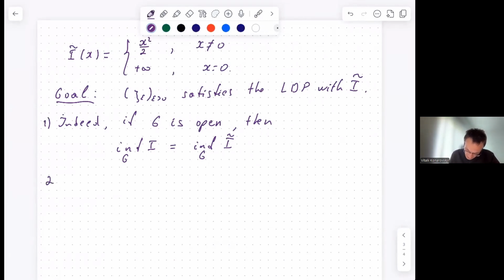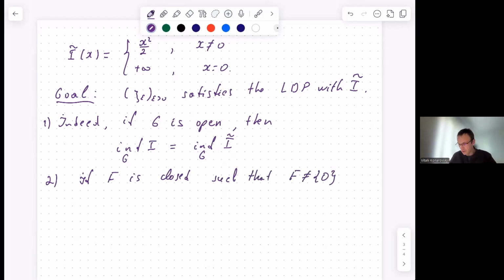The second estimate is for F closed and such that F is not identical to the point 0, so it has also some other points except 0.